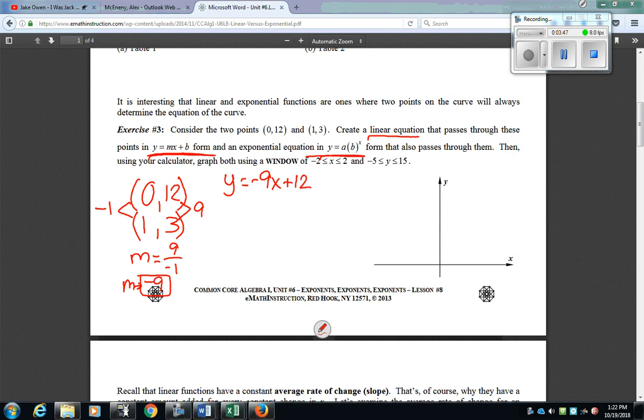So there's our linear equation. Now the next part asks for the exponential equation. So again, we're going to use this form, the one they put up here. Now we know that in the case of this one, we have 0, 12, so that's our y-intercept 12. Now if we want to find that b value, we're going to have to divide the 3 by the 12. We know it's repeated multiplication.